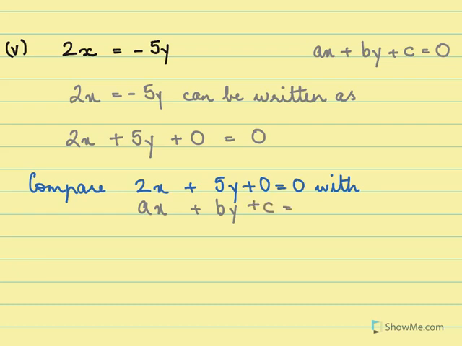And this is plus c equal to 0. Now on comparing, the coefficient of x is 2. So a equal to 2, b equal to plus 5, and the c equal to 0.